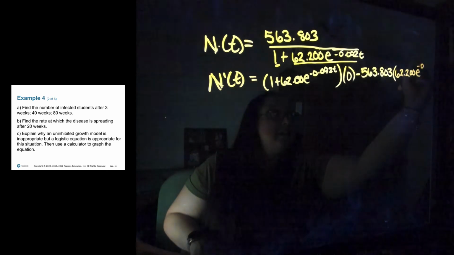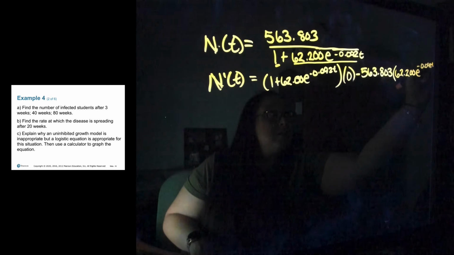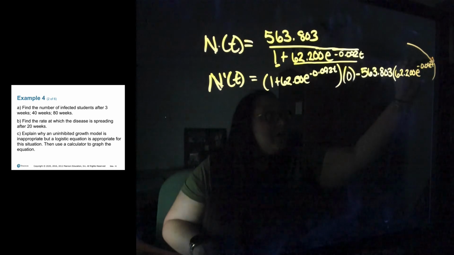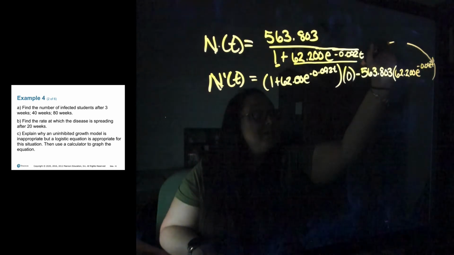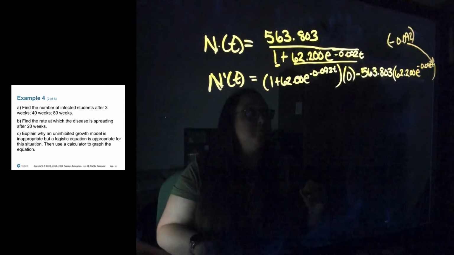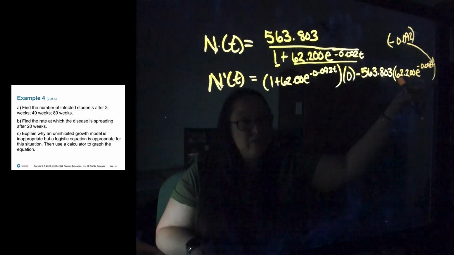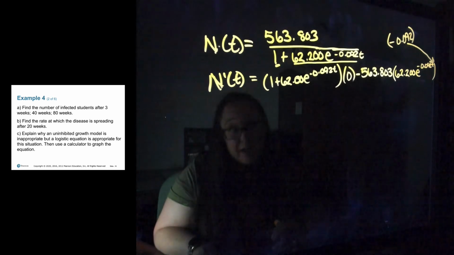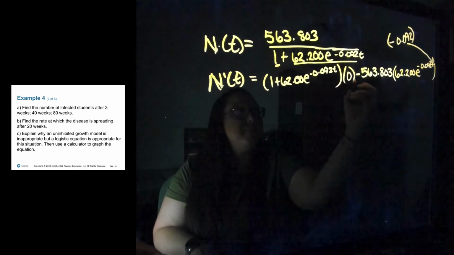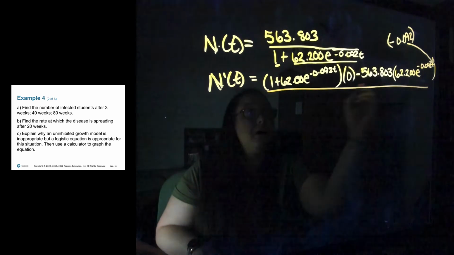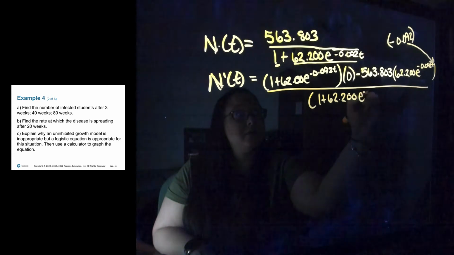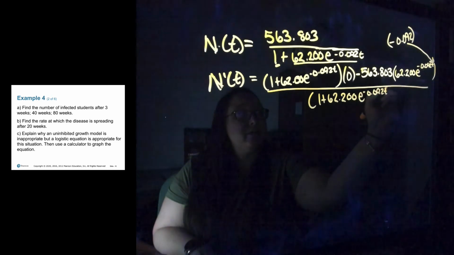You leave it exactly the same times what is in that exponent, which is negative 0.092. That is e to the u times du essentially. Now, that's the bottom times the derivative of the top minus the top times the derivative of the bottom, all over the bottom squared.